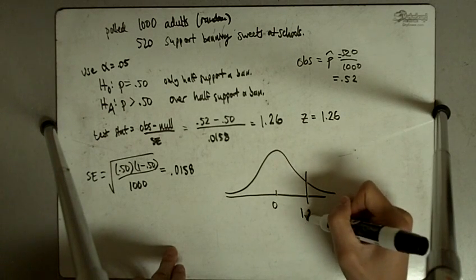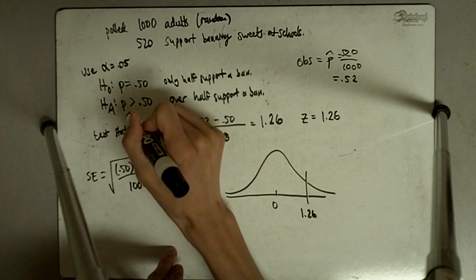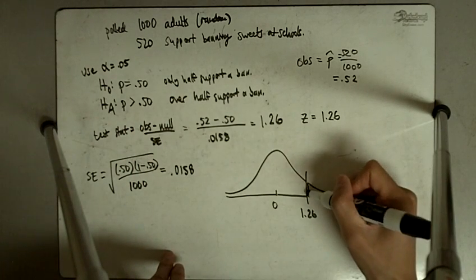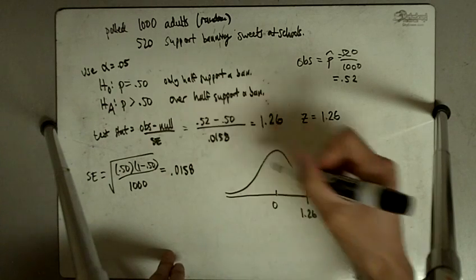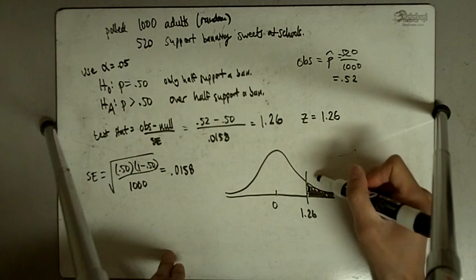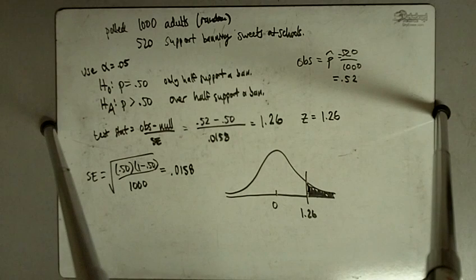I draw a line at 1.26. And again, here I have a one-tailed test, so I only shade one of the tails, and it's a greater than, so I go in the greater than direction only. And the area in this shaded region is going to be my p-value.